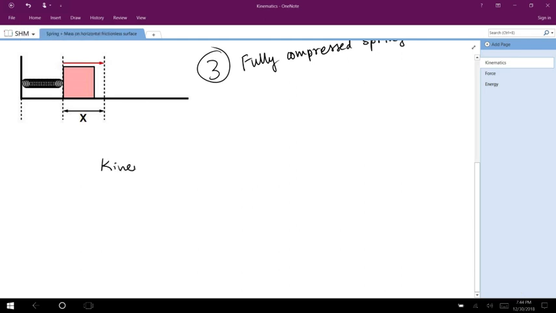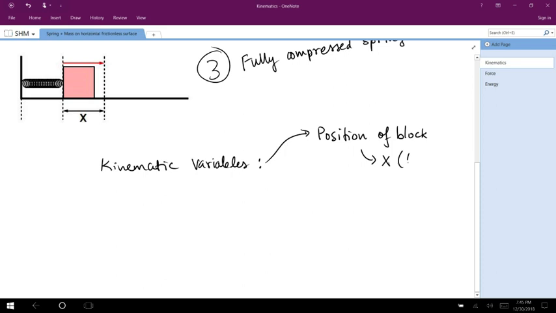Examples of kinematic variables are position, velocity, and acceleration. In this particular case, we can first talk about the position of the block, and let's denote the position of the block with x as a function of t.